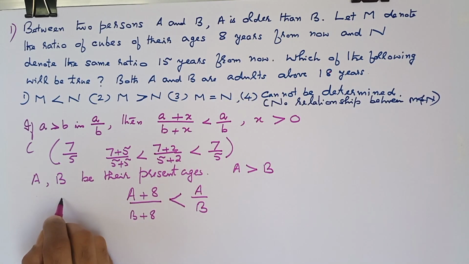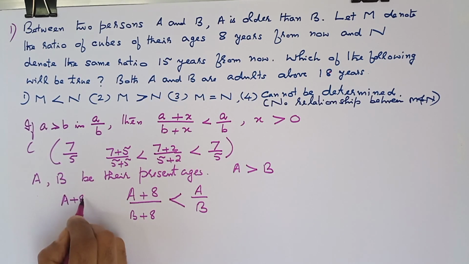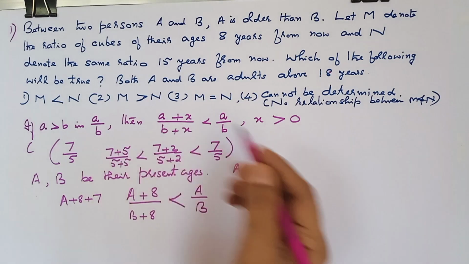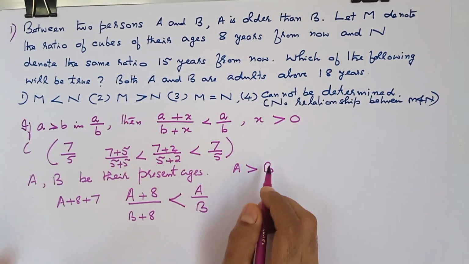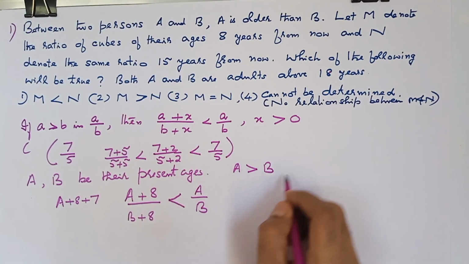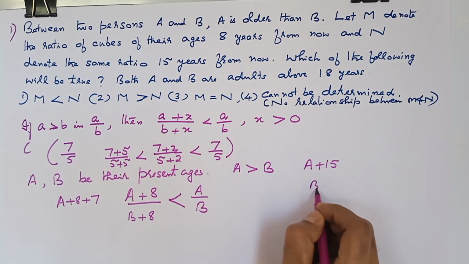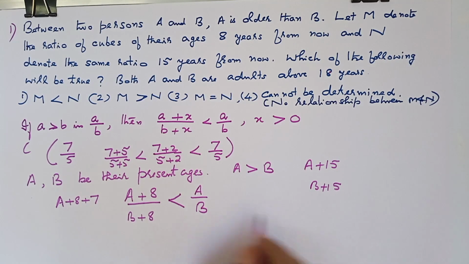Now what are we doing? You add 7 to both sides. Why do I add 7? Because we are looking at the ages of these two people 15 years from now. 15 years from now, their ages will be A plus 15 and B plus 15.